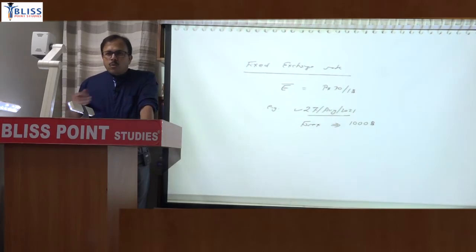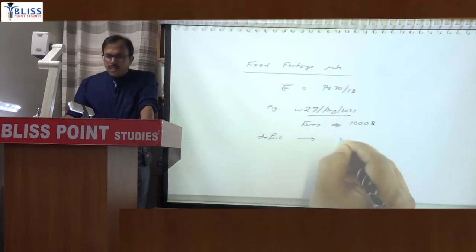If over a period of time the autonomous payments are more and autonomous receipts are less, that means demand for dollar is more and supply of dollar is less, that means I am talking about a deficit condition.